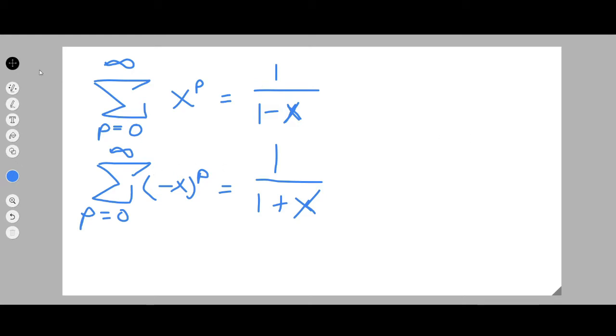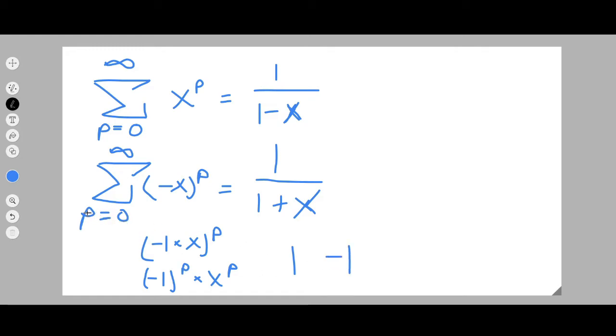Anyways, this will turn out to be an alternating series because negative x is just the same as saying negative 1 multiplied by x, all to the power of p here. So we can separate it and that just becomes negative 1 to the power of p multiplied by x to the power of p. So this is an alternating series because we start where p equals 0. So we start as negative 1 to the power of 0, that's positive 1, and then we move on, p equals 1, and that's a negative 1.